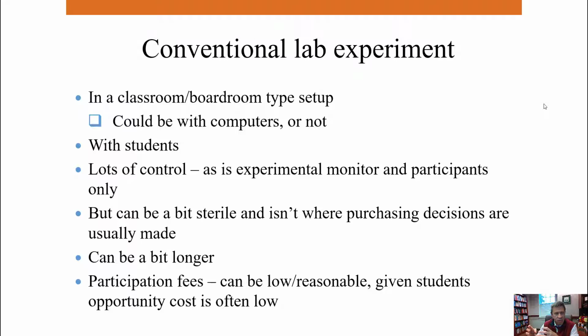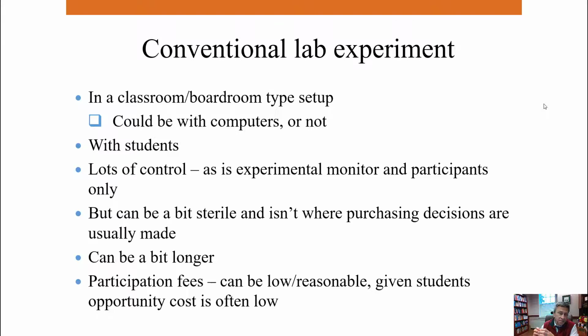The flip side of that, of course, is that it can be a bit sterile. Because you're in a classroom, this isn't where people are normally purchasing items, which makes it a little bit different. A benefit of a conventional lab experiment is that people are in the room, they know they're taking part in this. You could go a little bit longer, 60 minutes or maybe even longer than that. These can last a while, which might allow you to get quite a bit of information.